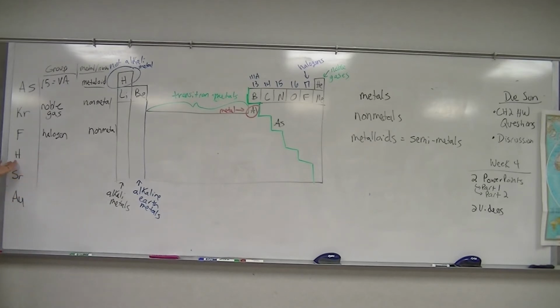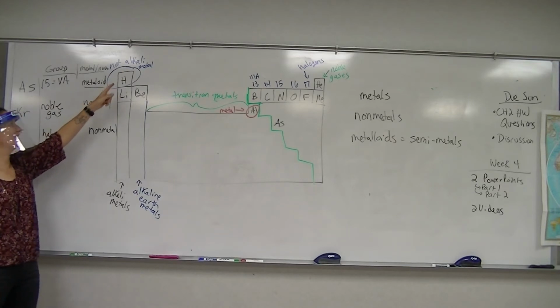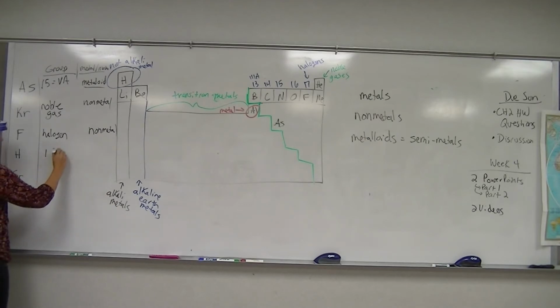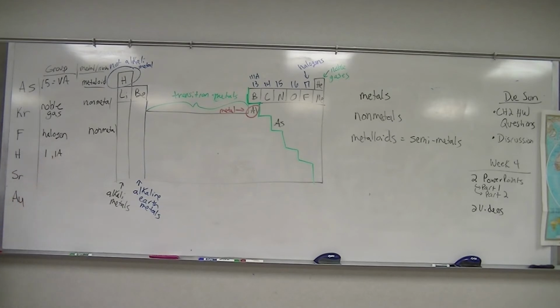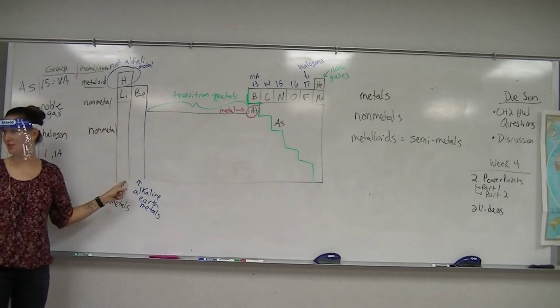Next example I have here is hydrogen. So hydrogen is that special guy. He's over here, but he doesn't belong there. So for the group, he's not an alkali metal, because it's not a metal. So we would have to say group 1 or 1A. But why is hydrogen part of the group? Because when we talk about valence electrons, hydrogen has one valence electron just like everybody else in this group.